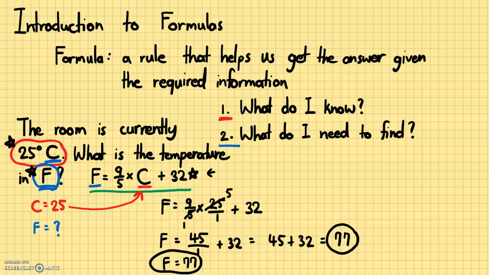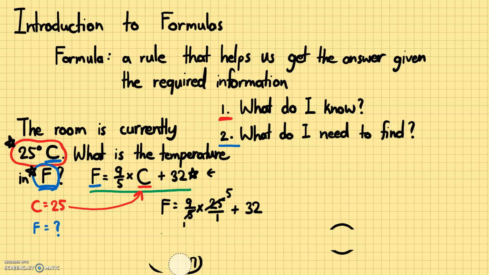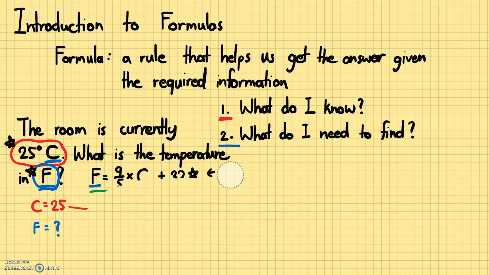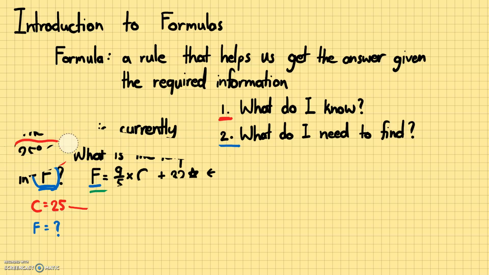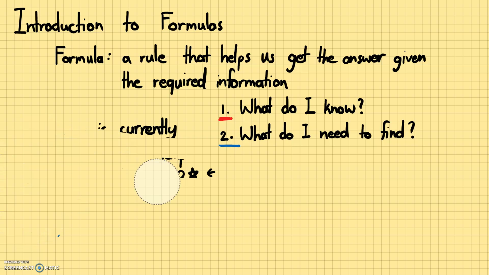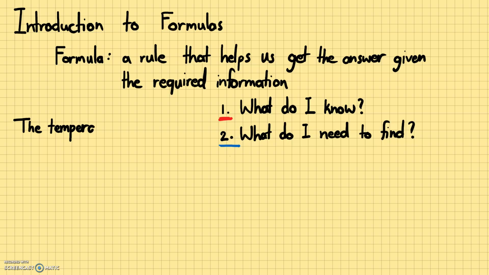Okay, let's try one last problem. And this time let's go from Fahrenheit to Celsius instead of going from Celsius to Fahrenheit. So the room or the temperature is 104 degrees Fahrenheit.